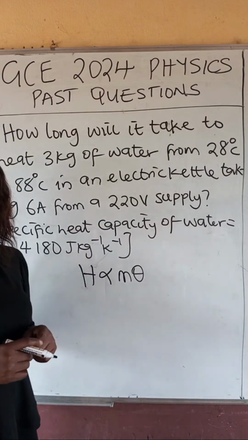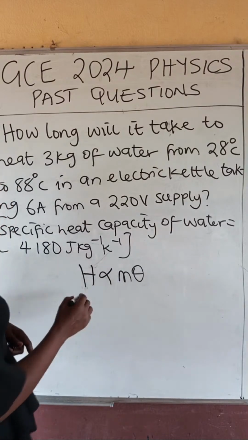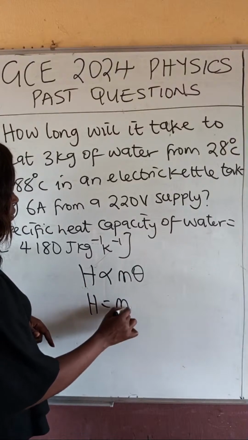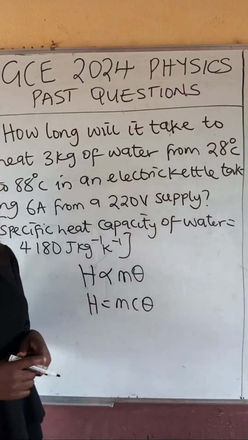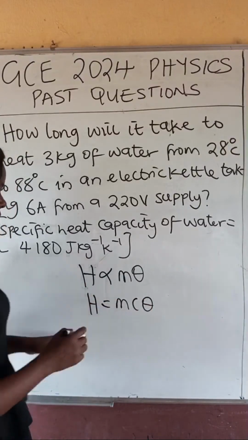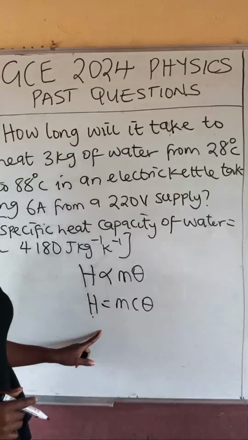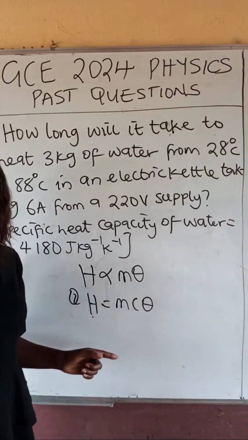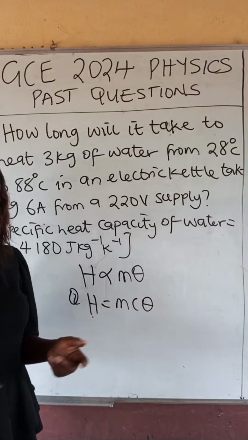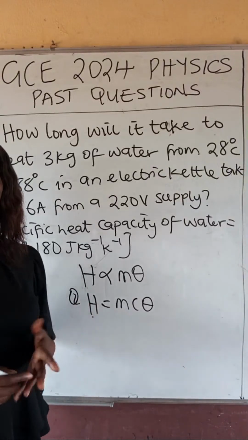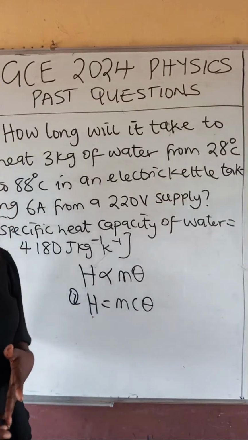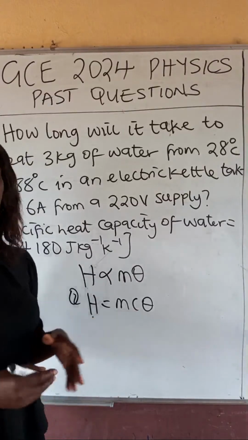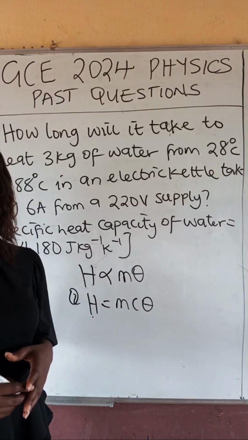Now, if we remove these proportionalities and introduce a constant, we have H equals mc theta. Now, this H is the quantity of heat. In some textbooks, we see Q, which is still the same thing as quantity of heat, measured in joules. M is mass, measured in kilograms. Theta is temperature, measured in Kelvin. And C is the specific heat capacity, which is the constant.